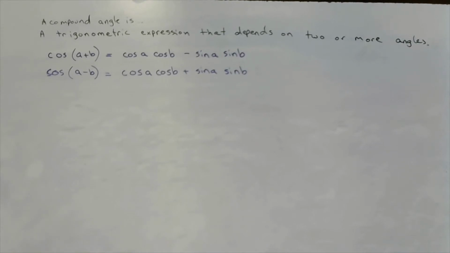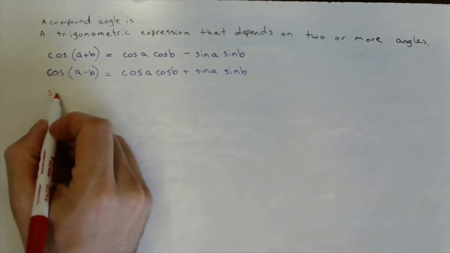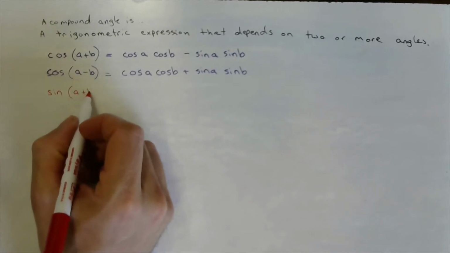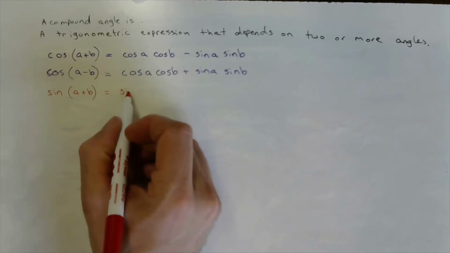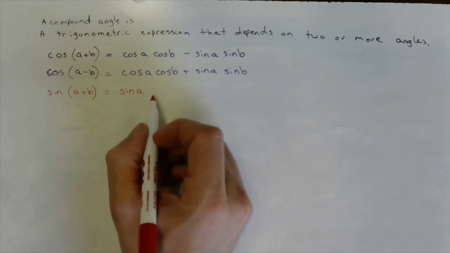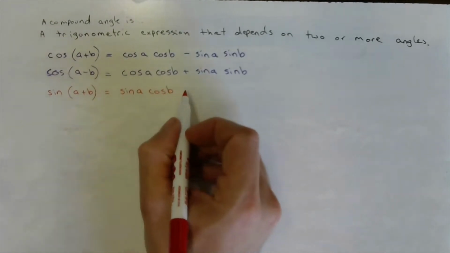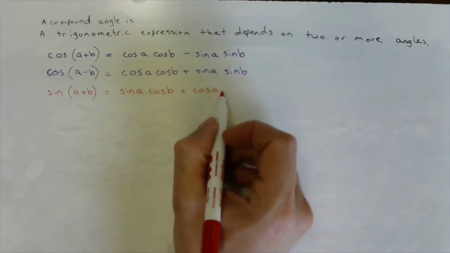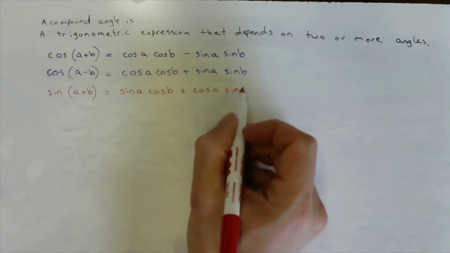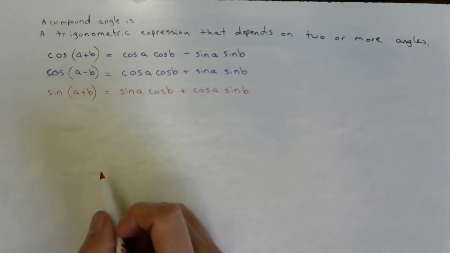We also have an addition formula for sine. So the sine of A plus B is equal to the sine of A times the cosine of B plus the cosine of A times the sine of B. So you'll be using these regularly.